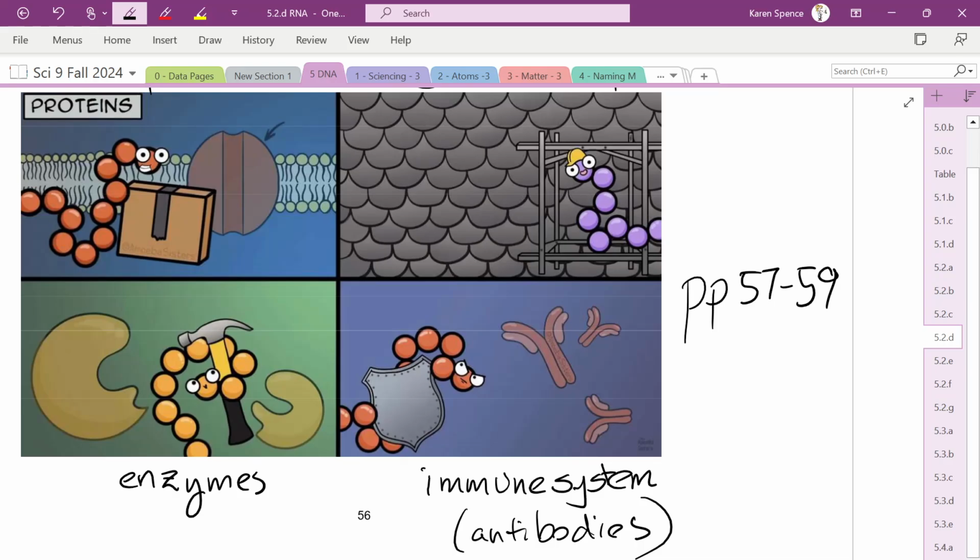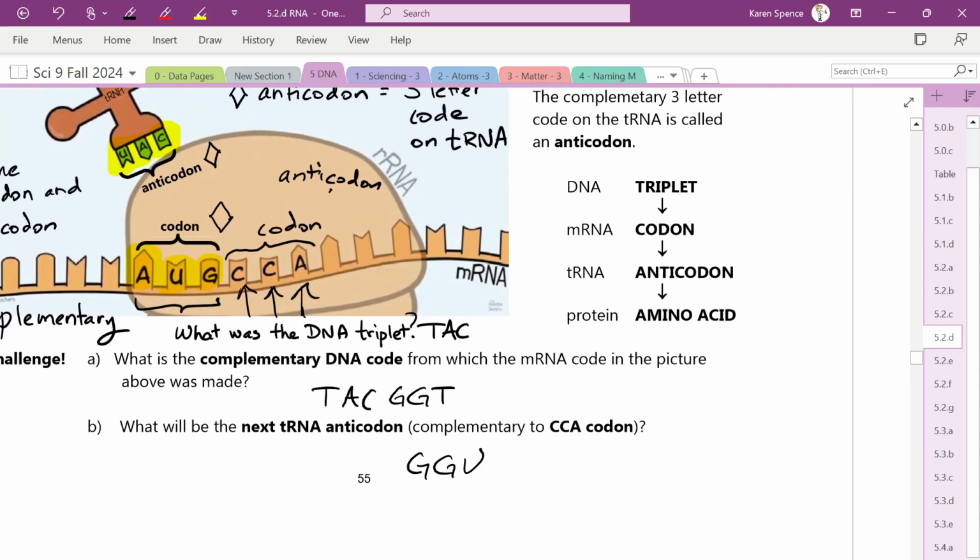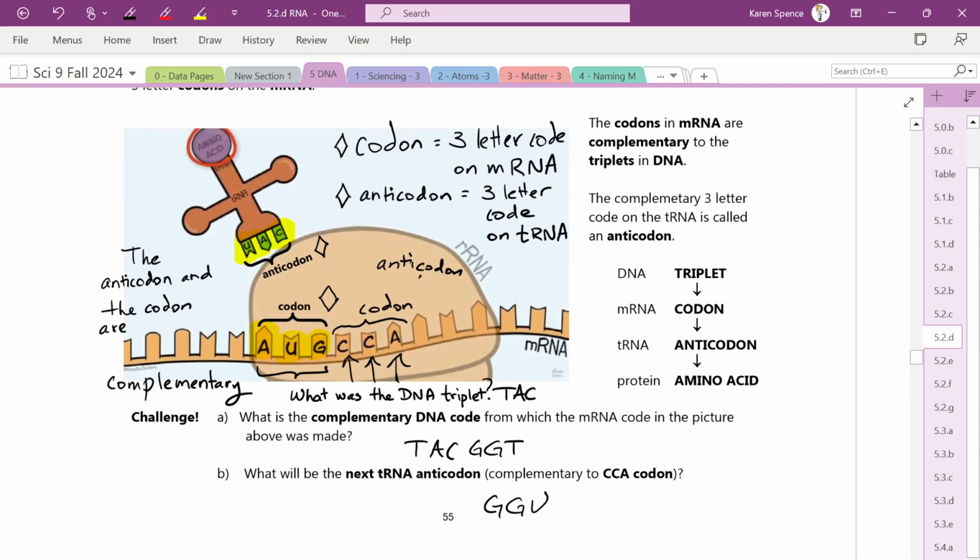Hi, so can you go back to the slide with the codons again? Oh yeah, absolutely. Thank you. Excellent. 40. Yep. 48. Excellent.